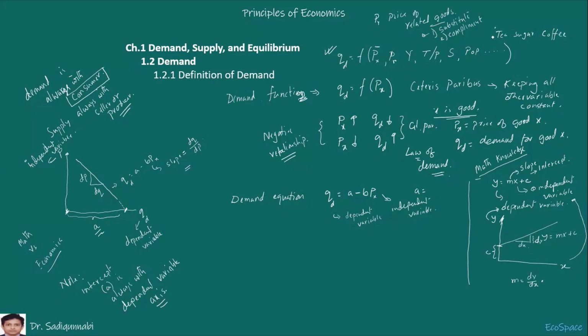Suppose tea is our X. So X equals tea, and these are maybe Y and maybe Z. So tell me, what is the relationship between X and Y? Are they complementary or substitute?